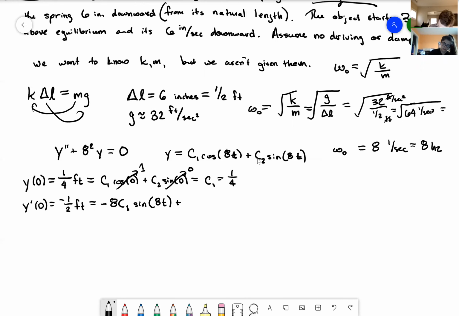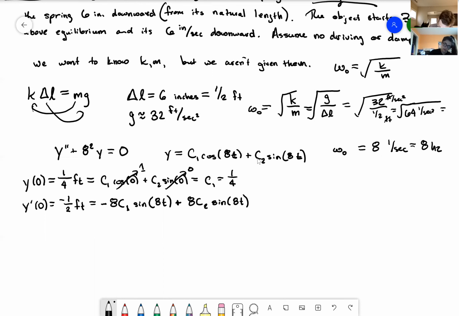plus. Same thing happens here. Sine is going to go to cosine, positive cosine. By the chain rule, an 8 is going to pop out into the front. And we'll get 8 C2 cosine of 8t.